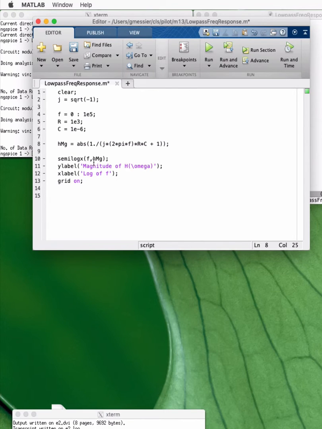We're then plotting the magnitude versus frequency, and I'm labeling the x and y axes, and I'm turning on the grid. Now I should point out that, even though I'm calling this a simulation, that's maybe not really the right term. This is just a plot of the equation that we got from our circuit analysis.